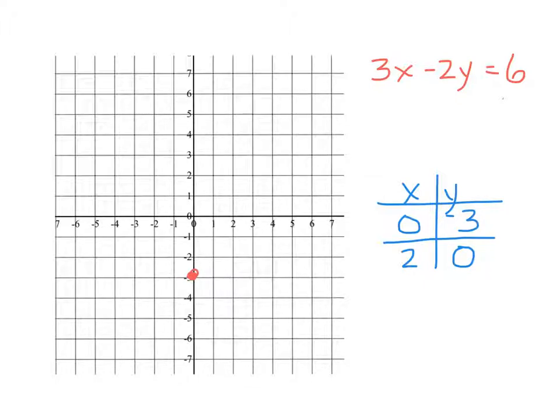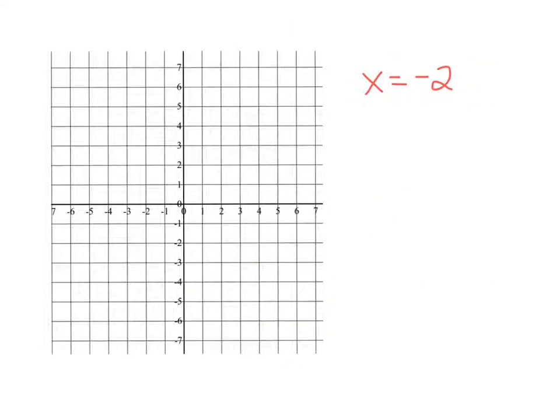The other point would be at the point (2, 0), which should be right here. And then I would graph this particular line, and I would try to make it as straight as I possibly can. When I do that, I'm going to put another point that I know it would go through just to help me get a straight line. And my line and your line should look similar to that.